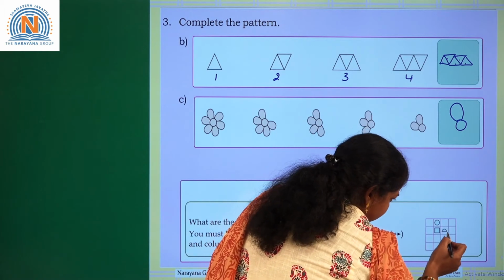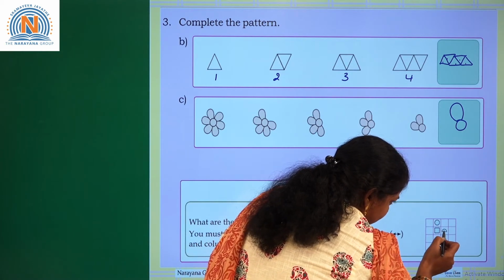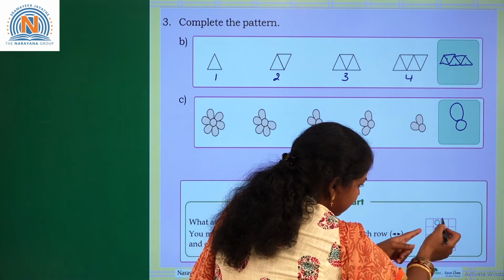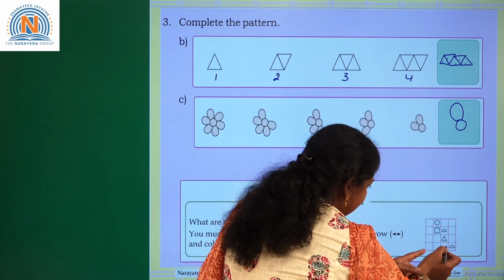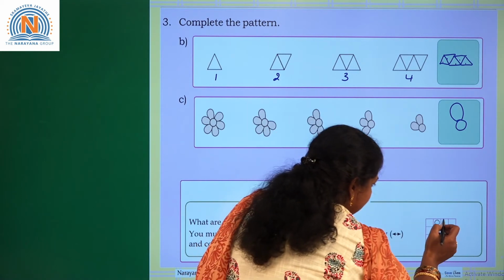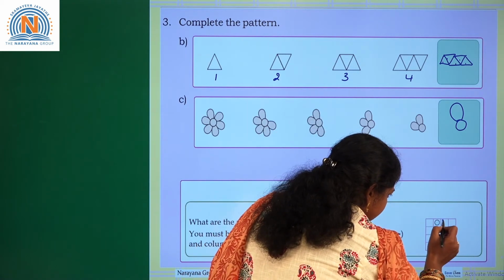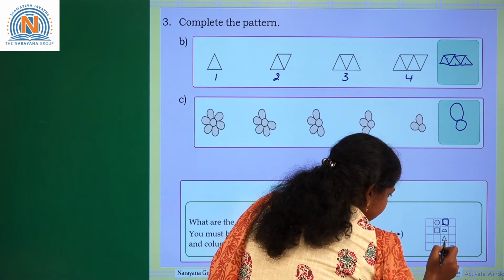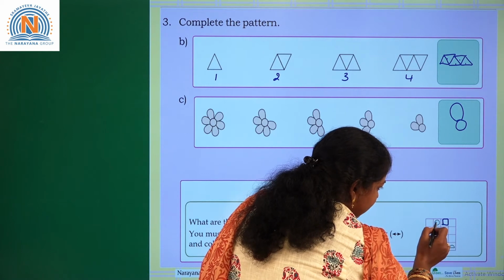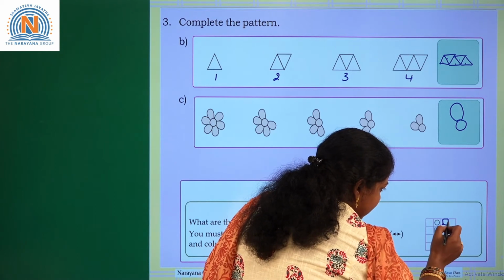Here if you observe, one semicircle is there, one triangle is there. I can fill this grid with square and here I can fill with circle, right? Let me fill this square and here circle, because in this row you are having circle. So I cannot fill this grid with circle.